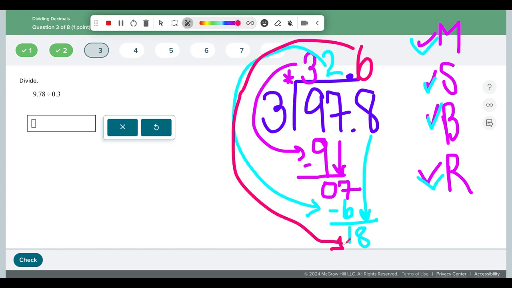Okay. And that's going to get me 18. And so when I'm on my next step of subtracting, I am finished, right? I'm left over with a 0. So I know 32 and 6/10 is my overall answer. 32 and 6/10, correct?